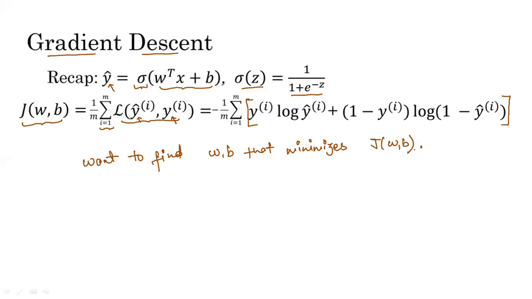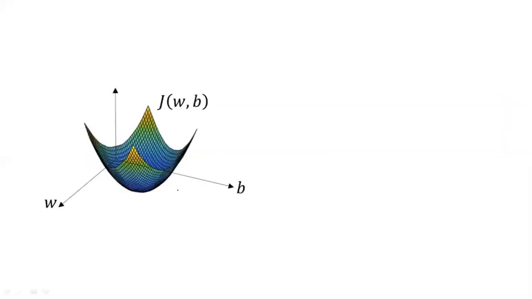So why do we need to minimize? Because we need to find the optimum result. A few things have to be kept in mind while minimizing this cost function. So let us see here. You can see this graph, and this graph is called a contour plot.